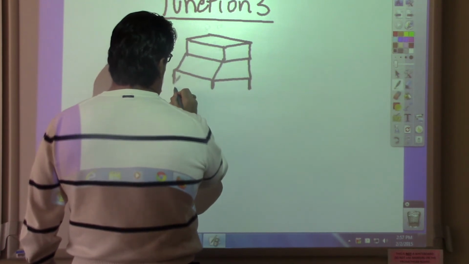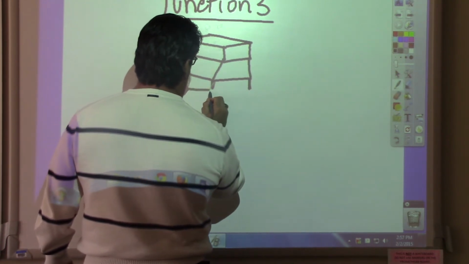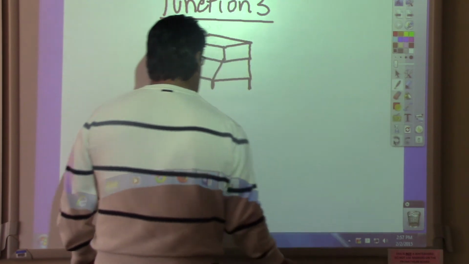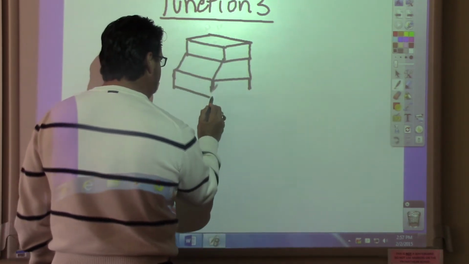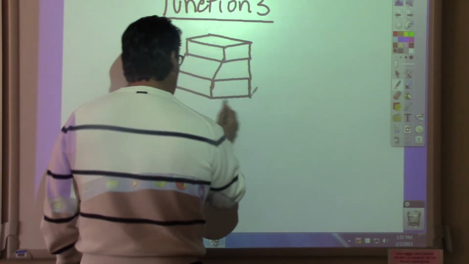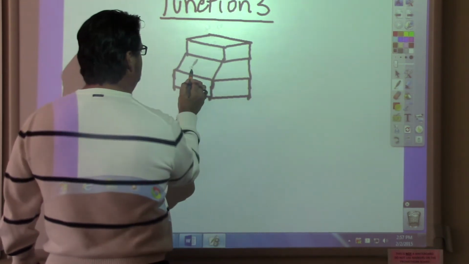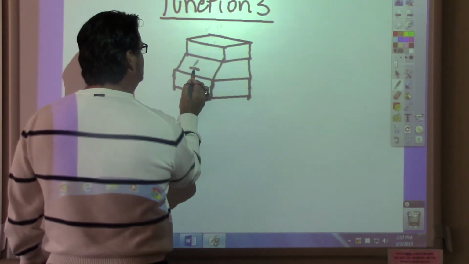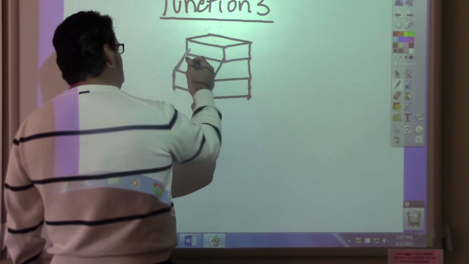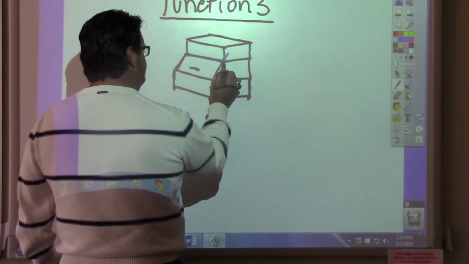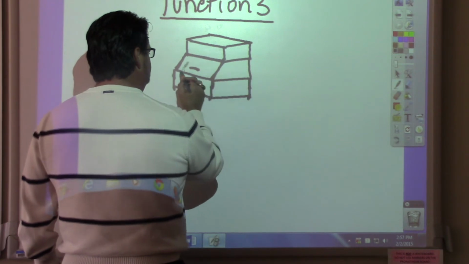Okay, let me put this here. Nope, that's wrong. There we go. Now, most of you probably don't know what this is. It's a garbage bin. No, an ice box.